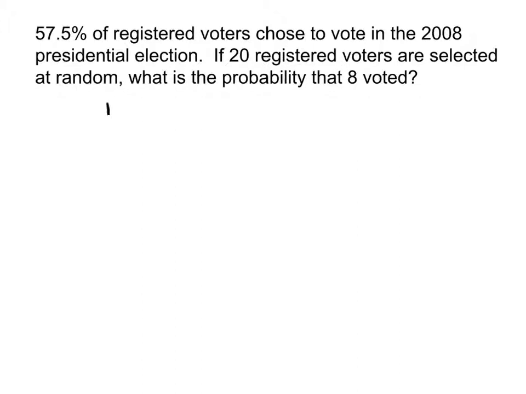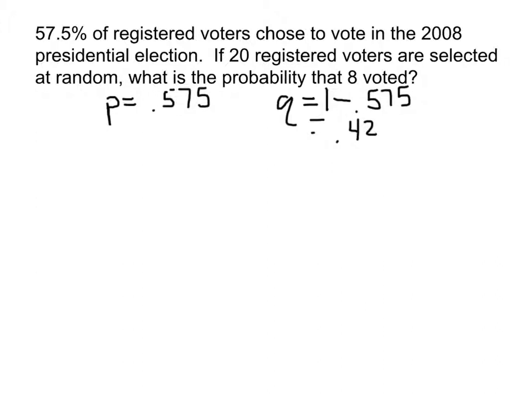Well, in this particular case, my p-value is 0.575, probability of success, which means my q has to be 1 minus that number, so 1 minus 0.575. So my q value is 0.425. My n, my number of trials, is 20. My r, my number of successes, is 8.